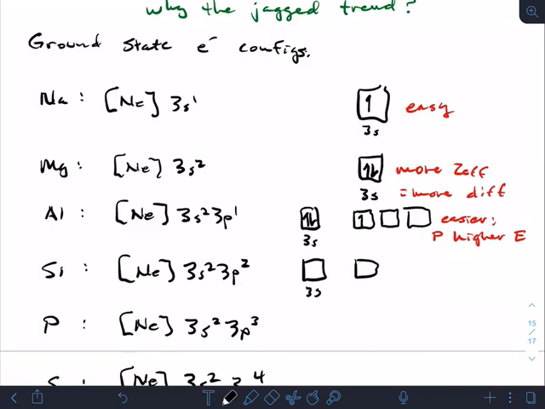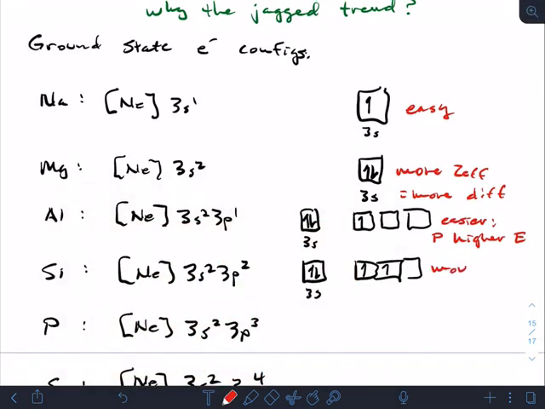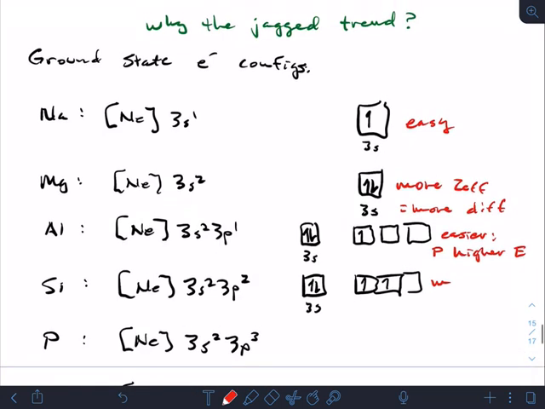Not a problem. Now, here we are. We've not really changed much, but now we're getting more Z effective again.